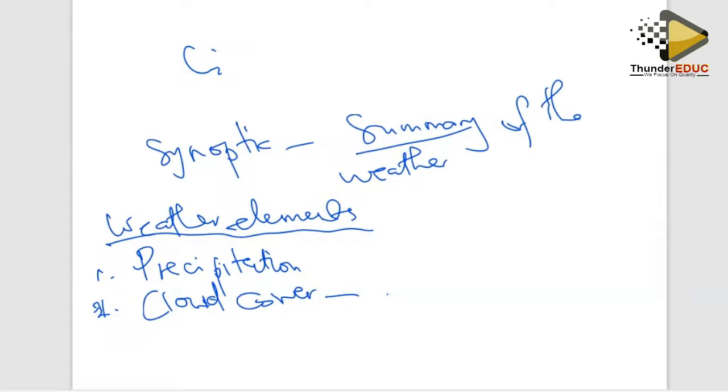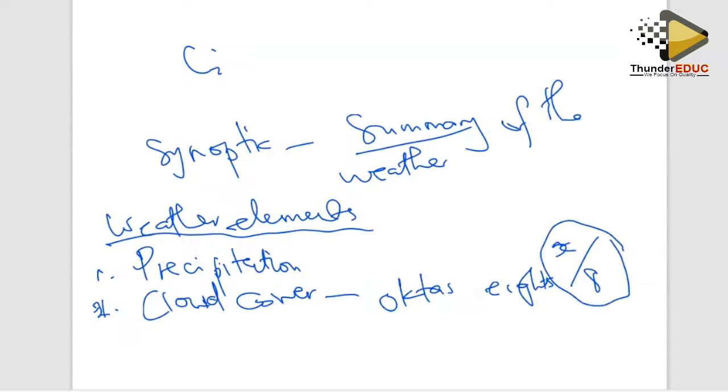So our cloud cover, basically, when we're talking of the measurement of the amount of atmosphere which has been covered by the clouds, we use the concept of octas, or which we call the eighths, which is a fraction over 8. Right, so we are referring here to a fraction over 8 as our cloud cover.